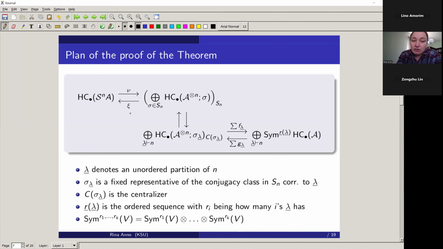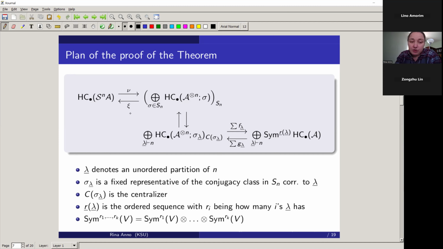So conjugacy classes are enumerated by an ordered partition of n, lambda, where the underlying lambda is an unordered partition. And then for every underlying lambda, we choose a representative sigma sub lambda. It doesn't matter much which representative, so we prefer the one where the cycles are all like i plus 1, i plus 2, and so on, and they go in ascending order of length.